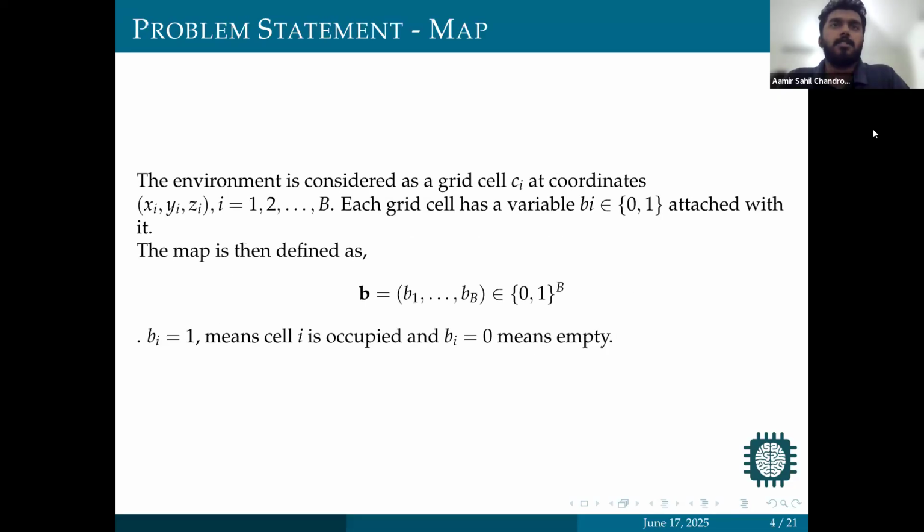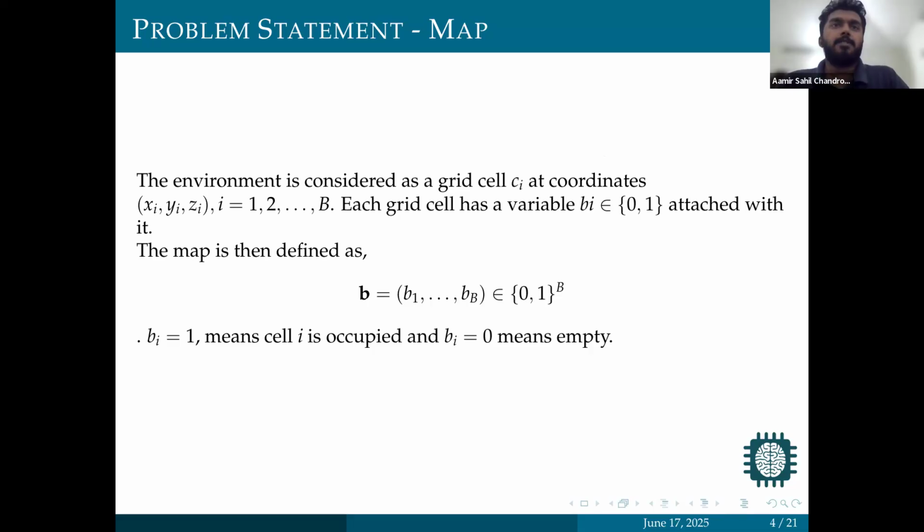Before going to the theory proper, there are a couple of terminologies used in the paper. The first one is that the environment is considered as a grid of cells, indexed by the letter i, where i stands for a particular coordinate xi, yi, and zi.